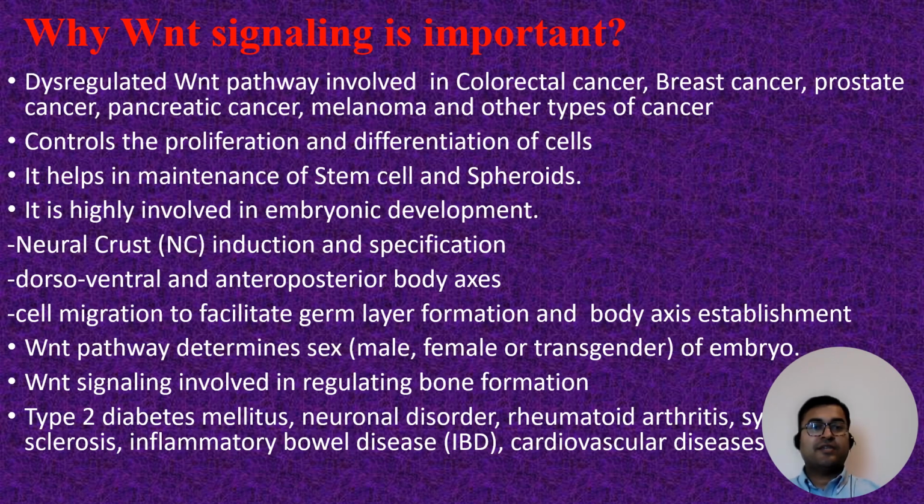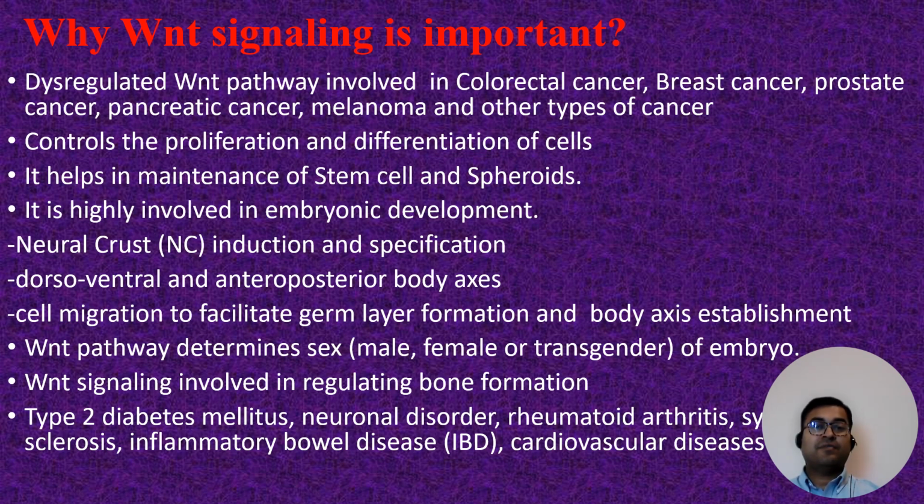This Wnt signaling is also known to control the cell proliferation and differentiation of the cells. Wnt signaling is involved in maintenance of stem cells and spheroids. As we have discussed about non-canonical Wnt signaling pathway, it is involved in embryonic development.